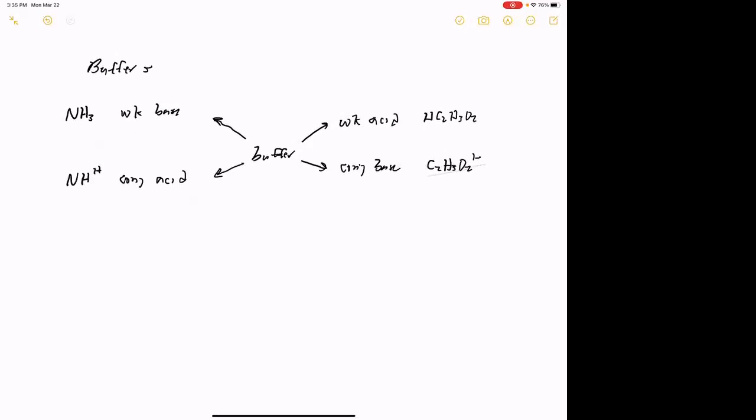Okay. So for a buffer to work, the primary thing, and I'll go ahead and write the dissociation equation to show both species in solution. And what we'll make is the acetate ion.